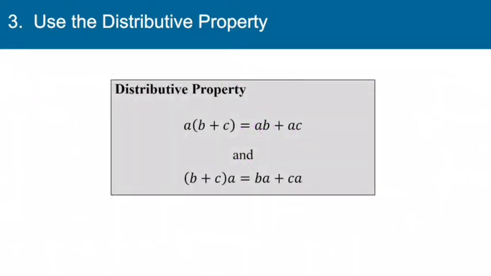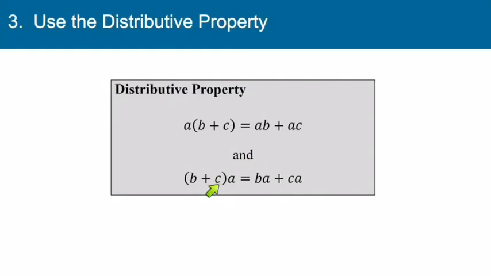So here's what the distributive property looks like in general terms. If you have a number a, multiplied by a sum, b plus c, then what you're going to do is multiply a by each part of the sum. So you're going to have a times b plus a times c. And it works this way too.